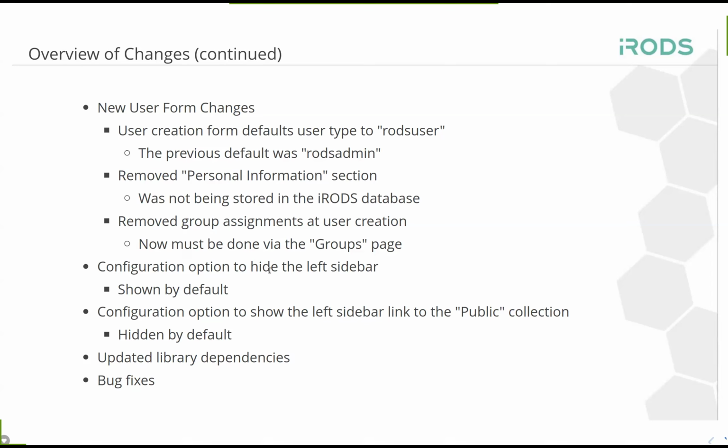There's also a public link that has always been on the left sidebar. We added a configuration option to hide that public link, and that is the actual default. So if you want people to have the public link, you'll have to enable that. Finally, we updated some library dependencies and did some bug fixes.